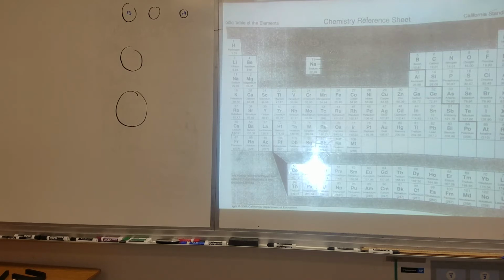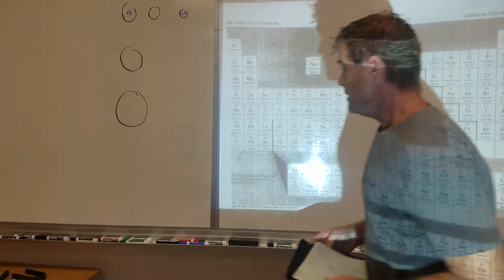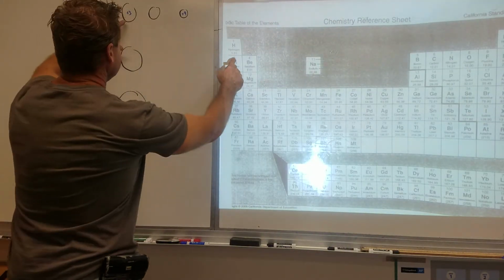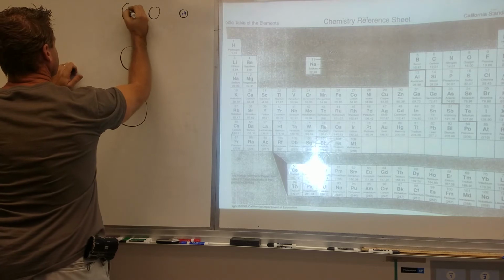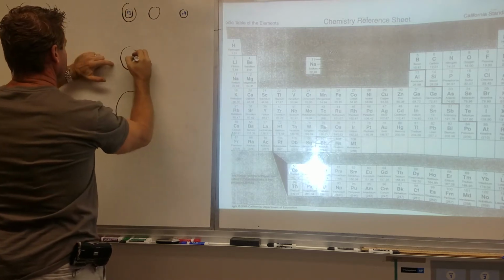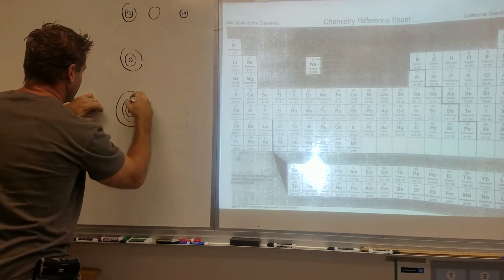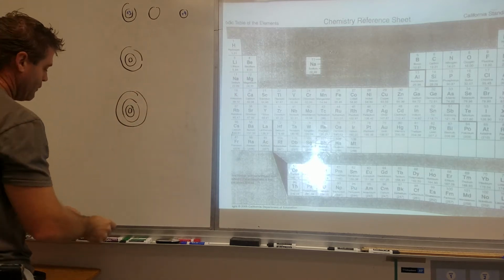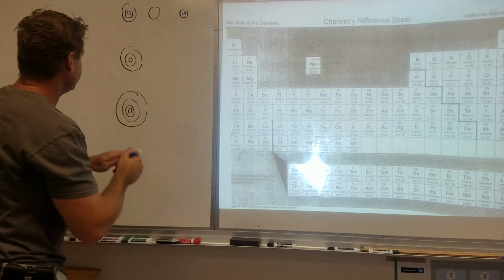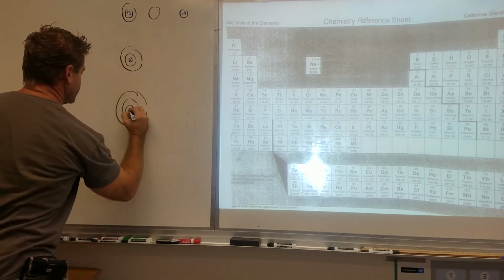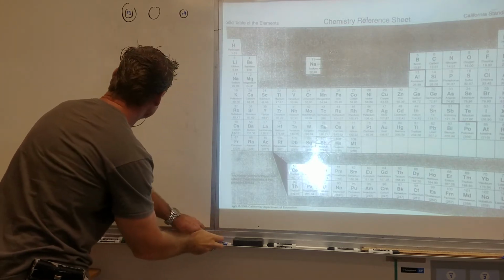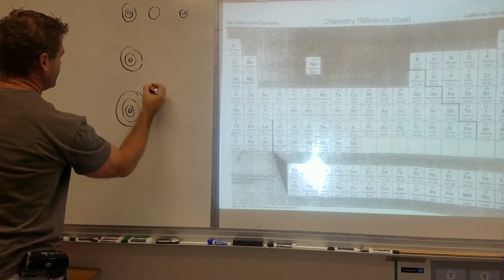For example, lithium has 2 shells of electrons, but then look at sodium, it has 3 shells of electrons, and then potassium has 4 shells of electrons. And you guys think about it. If we're talking about the attraction of a positive nucleus for the outer electrons, the outer electrons are in the outer shell.